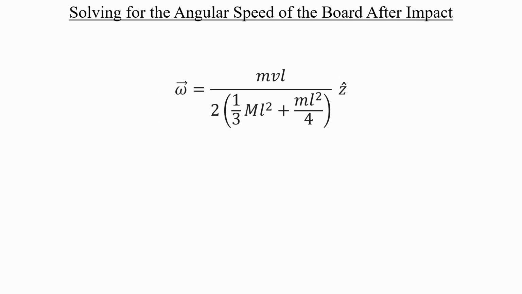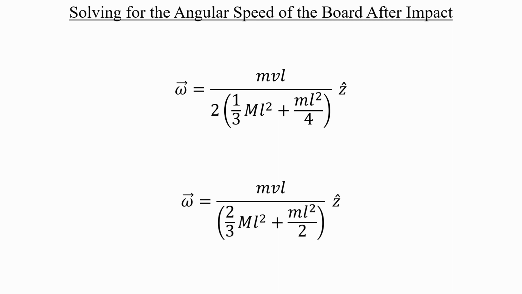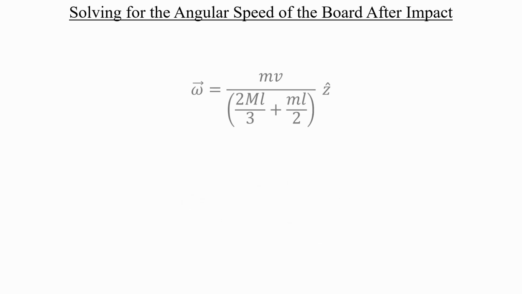I'll distribute the 2 inside the parentheses, and since we have a single L upstairs and L squared downstairs, we can cancel out a single factor of it, which will leave us with this. At this point, we can plug in our numbers and see what we get.